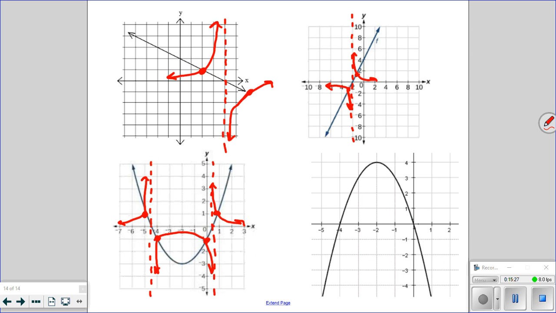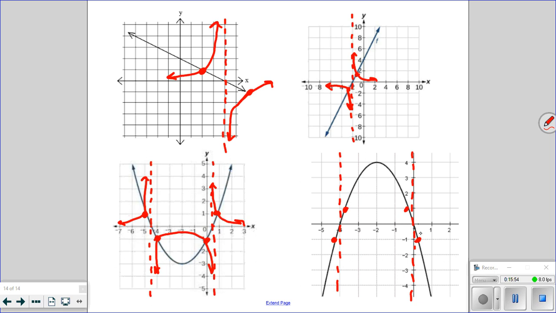So I want y'all to try this one on the right here by yourself. Try it by yourself, and then I'll go over it, okay? So we're going to start off by making our vertical asymptotes here and here. And then everywhere you have 1, which is about right here, and -1, you're going to put dots.